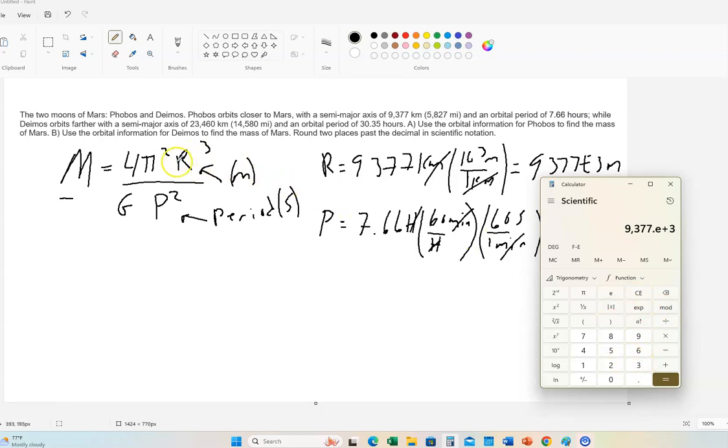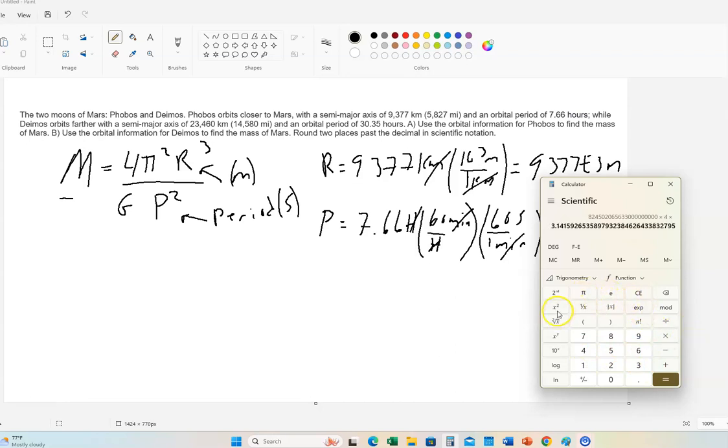Now it's in meters, so I've got to cube that. I use this x to the y button, raised to the third power, and then I multiply by 4 pi squared.